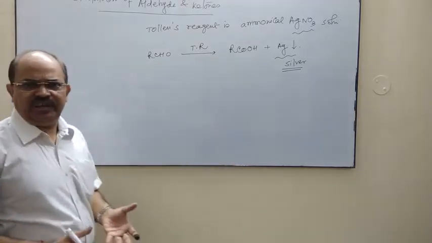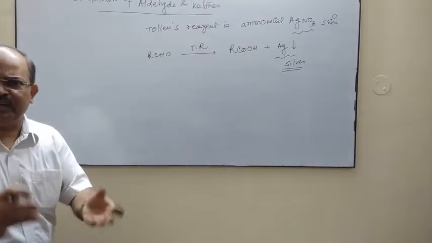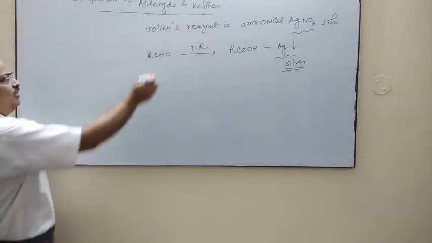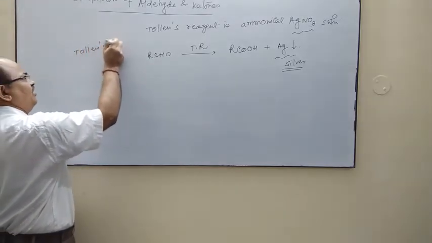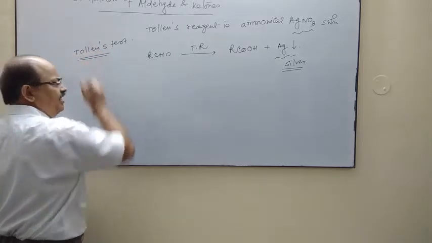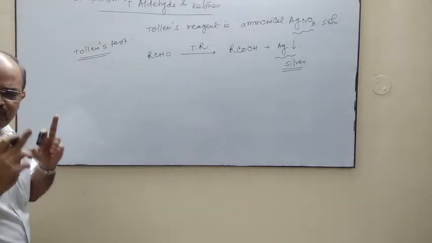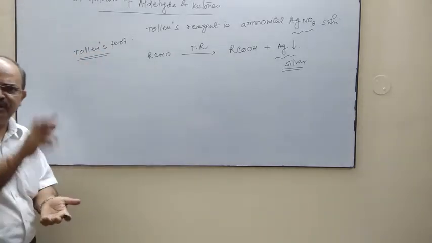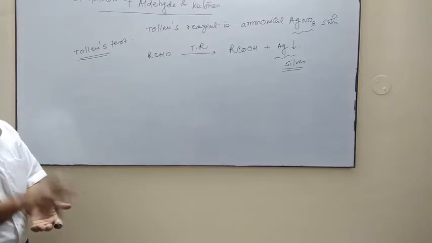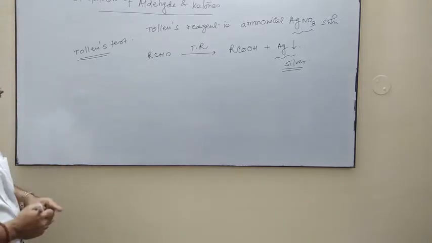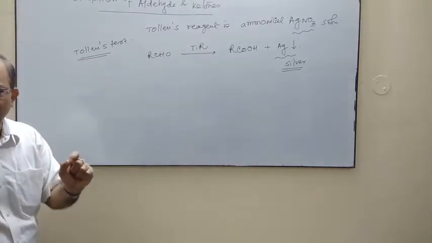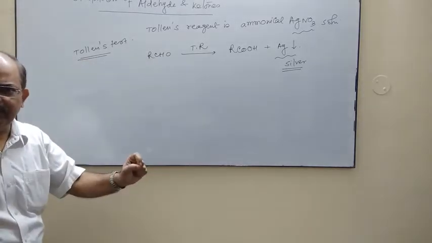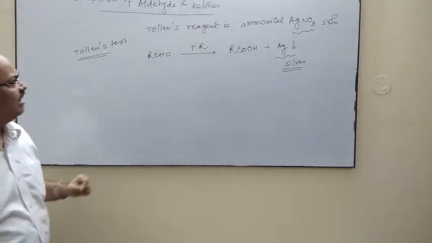This is also known as your Tollens test, because this test is used to distinguish between an aldehyde and a ketone, because an aldehyde will give this test while a ketone will not give this test.